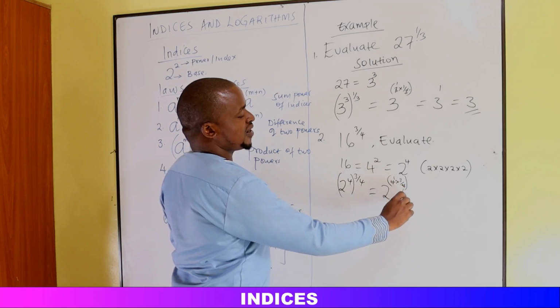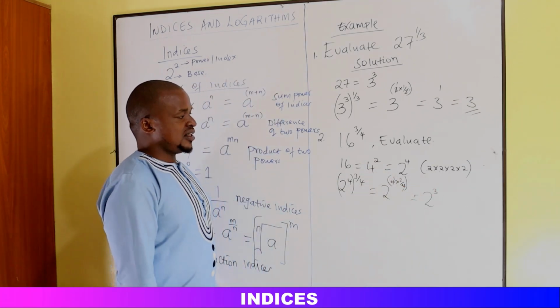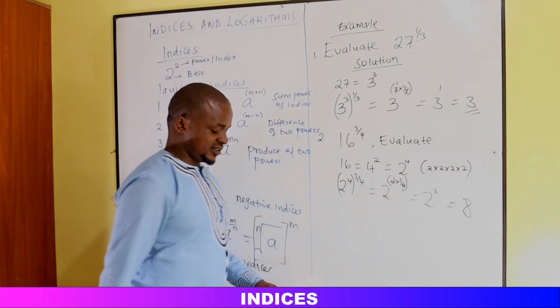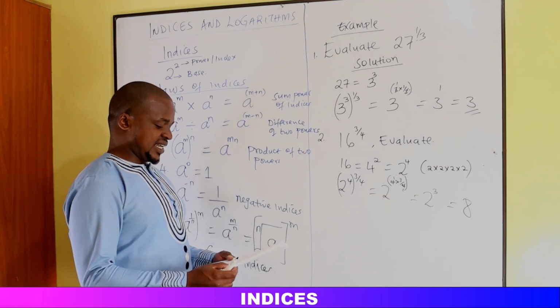By 4, 1, by 4, 1, it will be 2 raised to power 3. And 2 raised to power 3 is the same as 8.